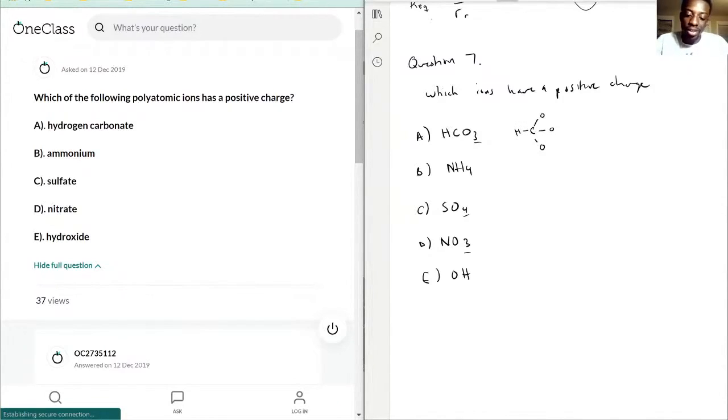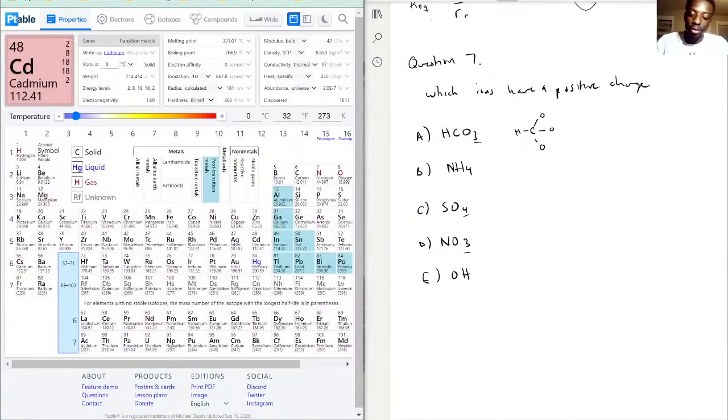But the point here is that carbon, according to the periodic table, has 4 electrons. O3, that's 6 times 3, that's 18. And hydrogen is just 1. So 1 plus 4 plus 18, in total that would be 23 electrons it has to account for.